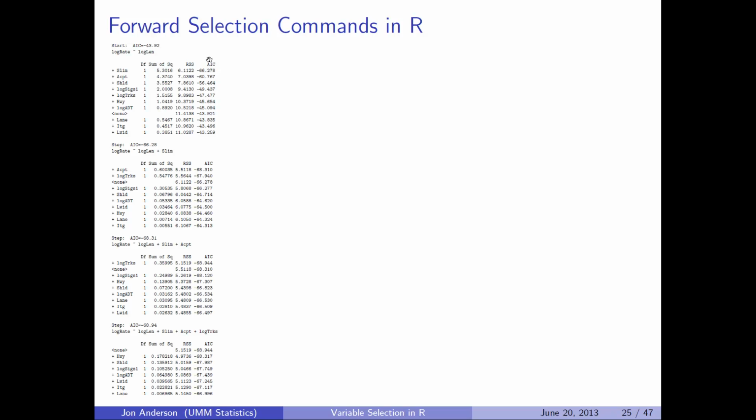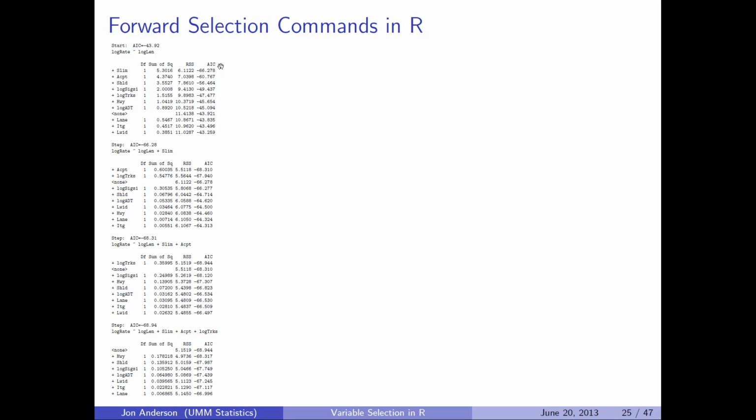And then what the output shows you is what the AIC statistic would be if we add any of these terms. SLIM would give you an AIC statistic of negative 66 something. Notice that's quite a bit smaller than the AIC statistic we start with. And adding ACPT gives us an AIC statistic of negative 60, and so forth.